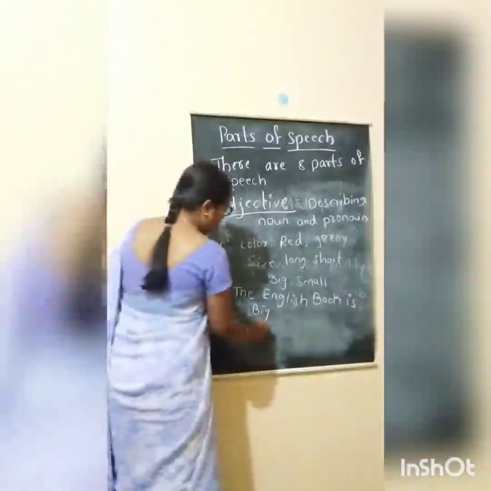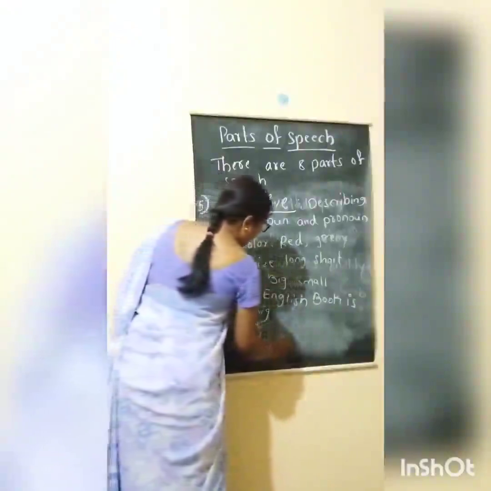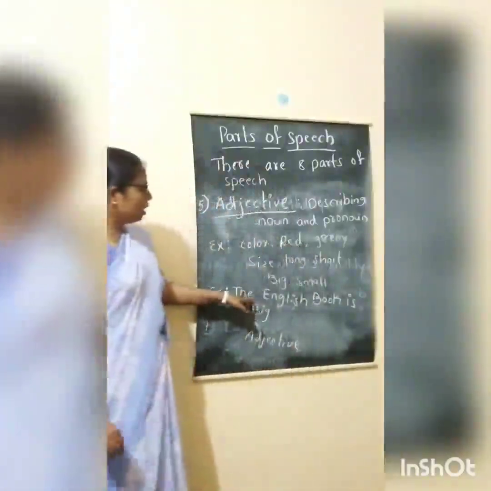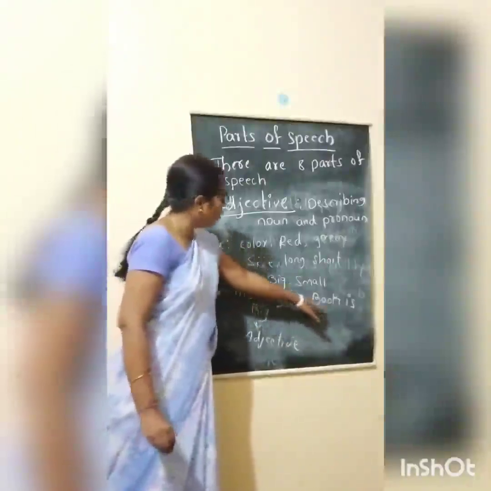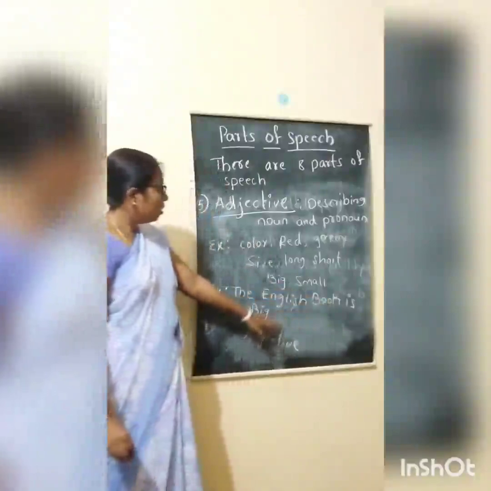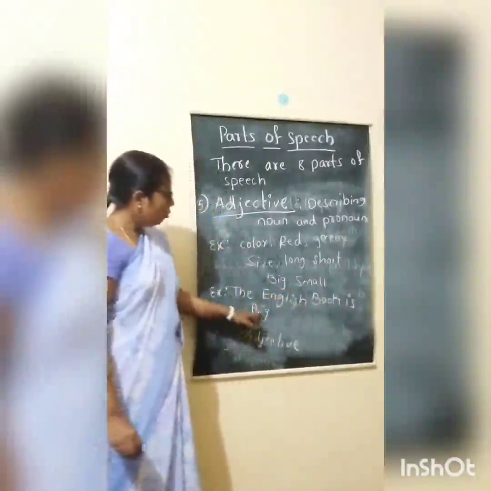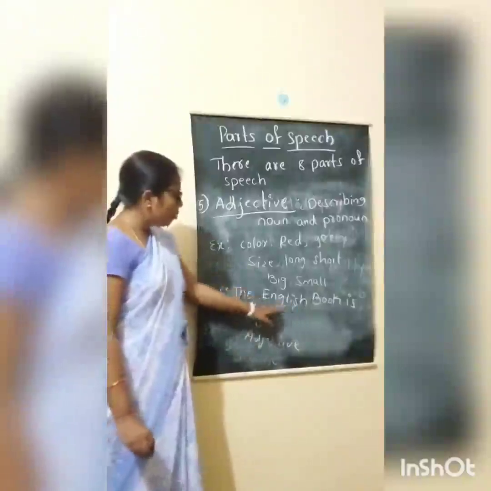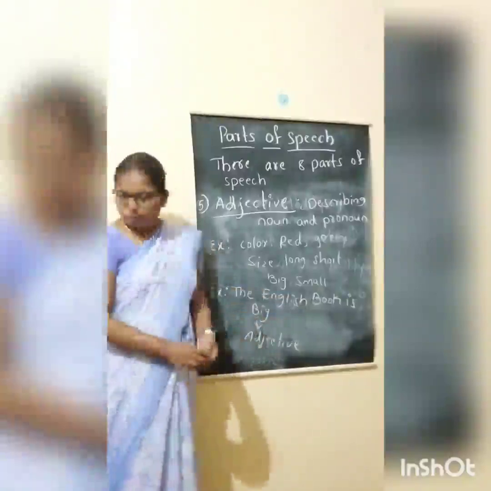Here big is what? Adjective. Because the English book is a noun or a pronoun. So how is the book? Big. So it is describing the English book, so this big is called an adjective.